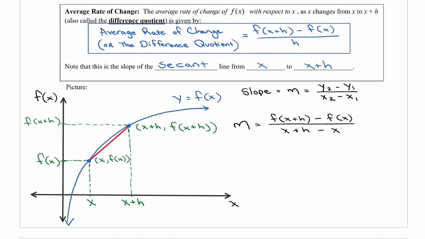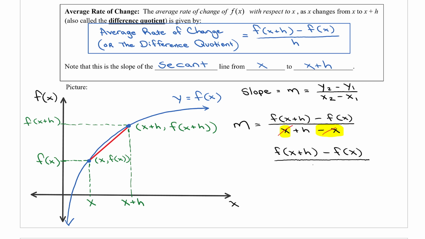Underneath that, we're going to write down that this is equal to f of x plus h minus f of x over, and I'm just going to write down an h here. I'm going to highlight the x's that were in our denominator up above.